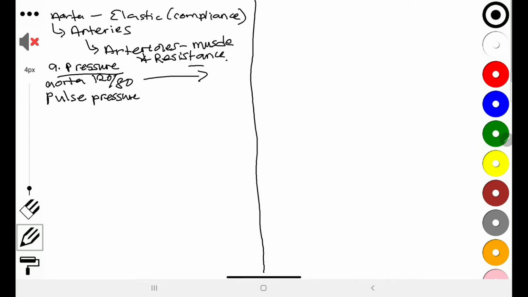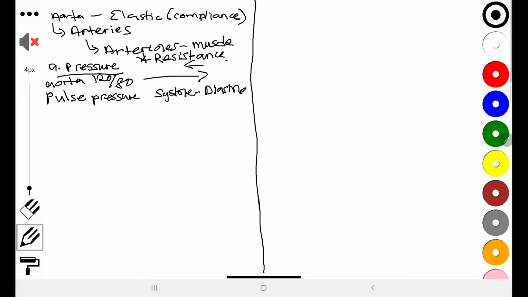There's also a backward movement, which we may not talk about at this point, but appreciate the fact that there's a pressure with which this blood moves in the arterial tree, and this pulse pressure is the difference between systole and diastole.